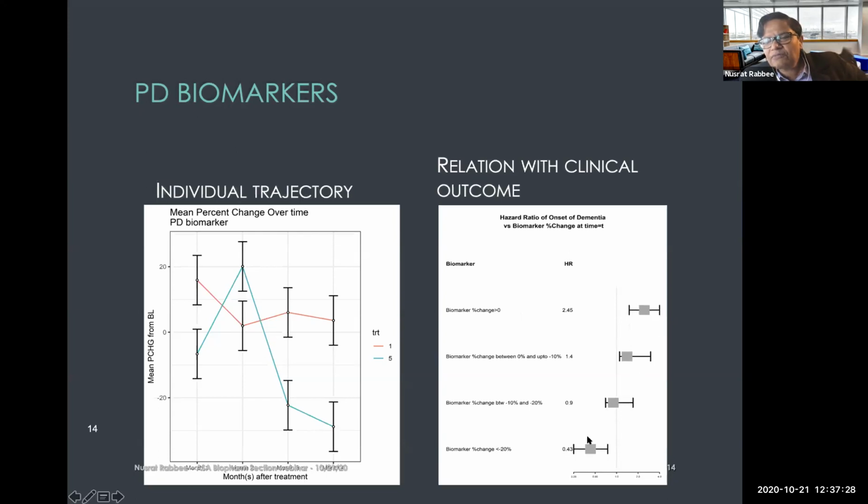And some of this visualization can really be a powerful way of seeing how the biomarker is changing in conjunction with the clinical endpoint.